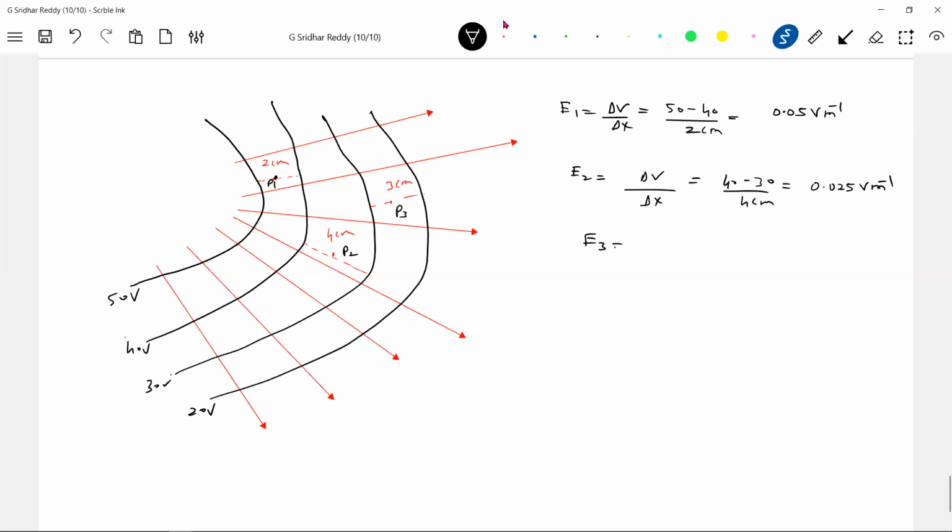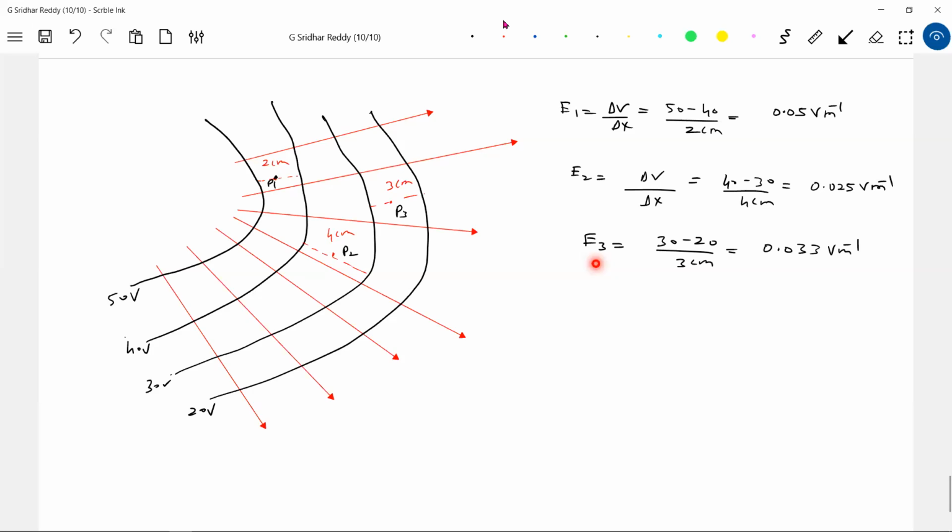Then the electric field strength at point P3: 30 minus 20 by 3 centimeter. 10 by 3, 3.3, or 0.033 volt per meter. Look at the field strength. This average is not exact, because here the field will be variable.